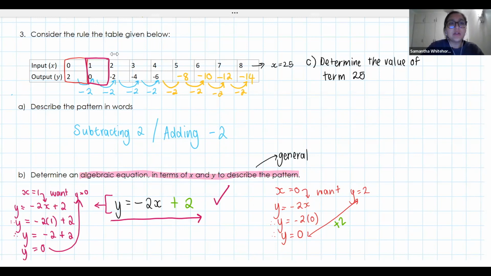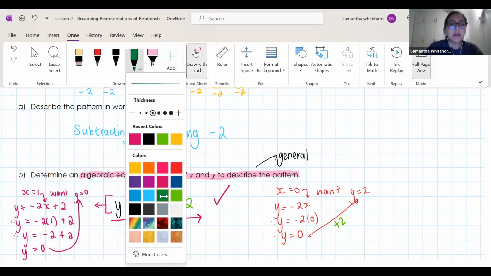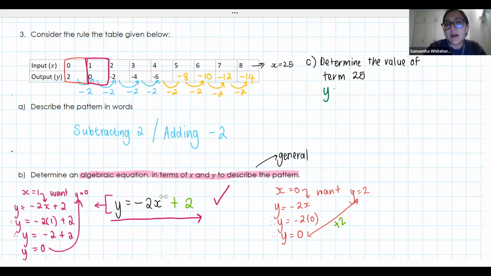So our rule tells us that y is equal to negative 2x plus 2. Now this term 25, that's the position, that is the x value. So I'm basically telling you that x is 25. So we can substitute. y is equal to minus 2 times 25 plus 2.